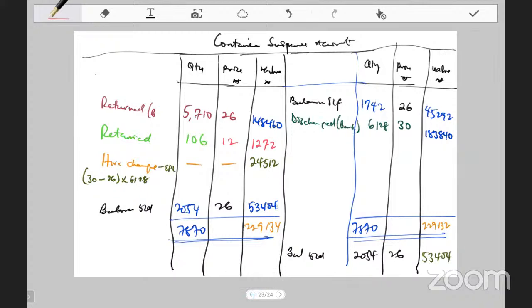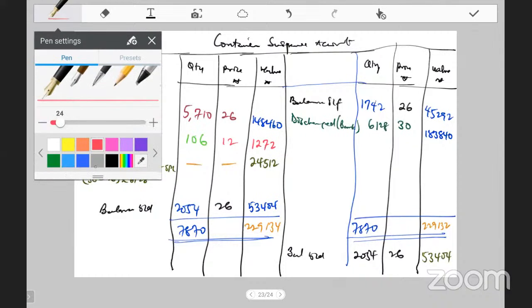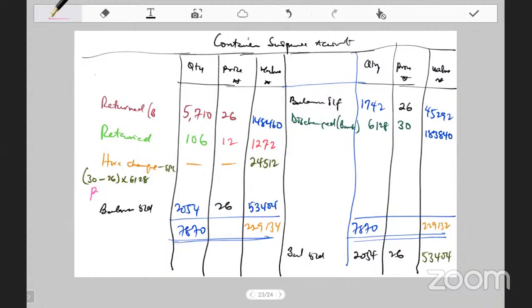Now, if you work this, the account will not balance. And the reason it will not balance is because we need to account for the profit on the retained containers. So what's the profit on retain? That will now be 26 minus 12 times 106. Give me the answer.